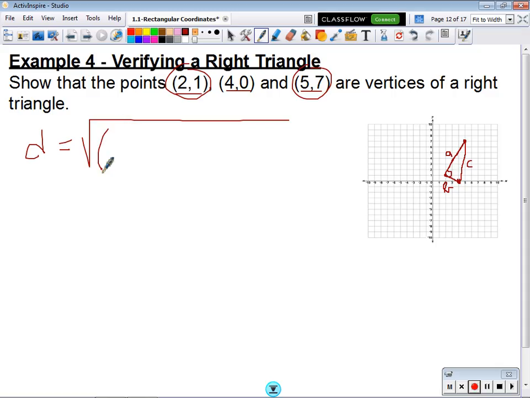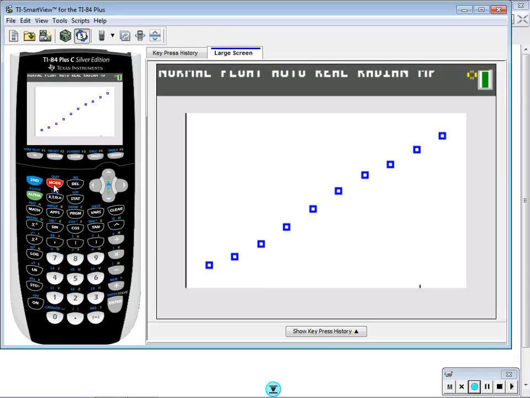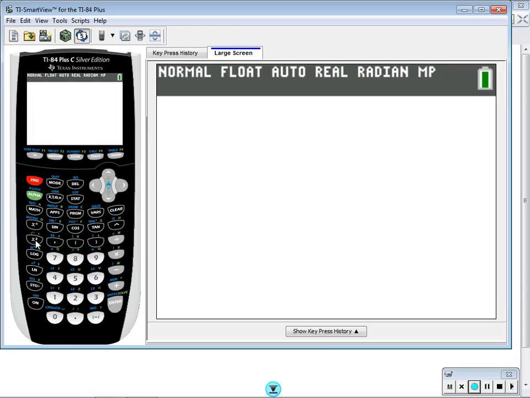If I did x2 minus x1 squared, this would be 5 minus 2 squared, plus y2, which would be 7, minus y1, which would be 1 squared. Just to expedite this a little bit, I'm going to pull my calculator up here, and I'm going to put all this in in one shot, just a little shortcut.